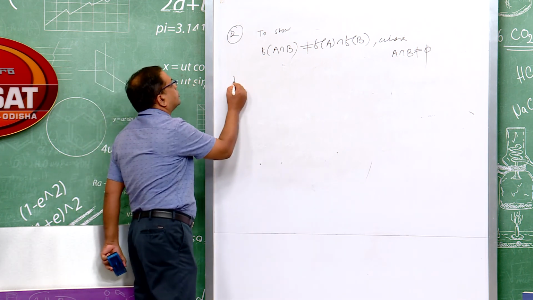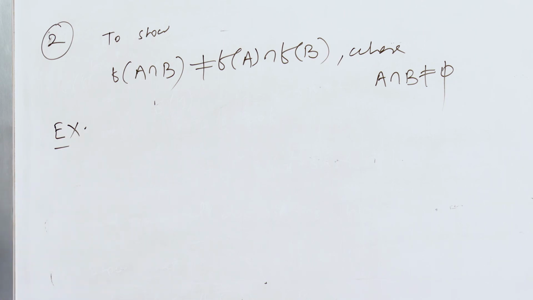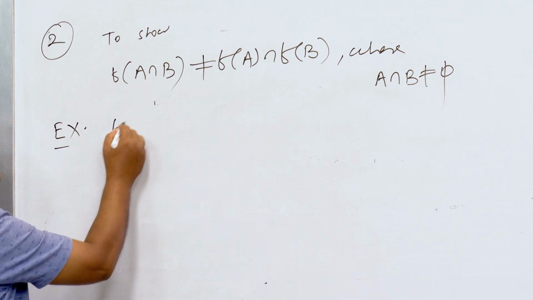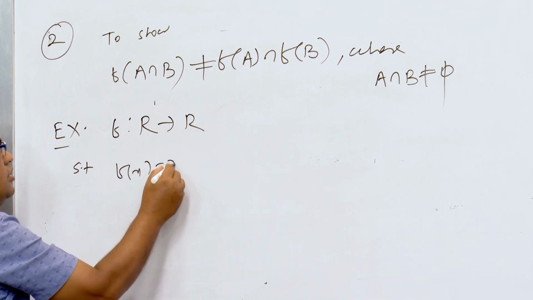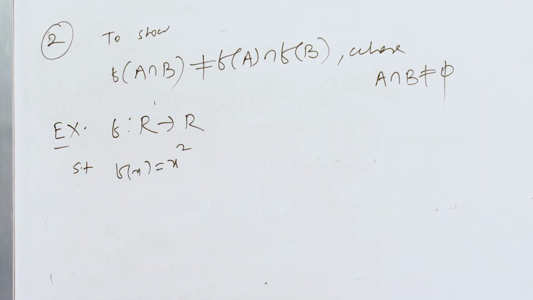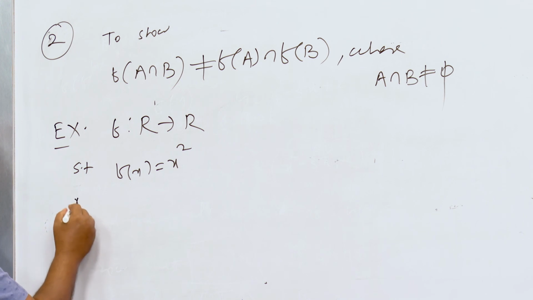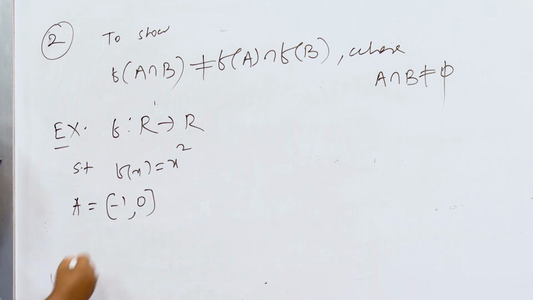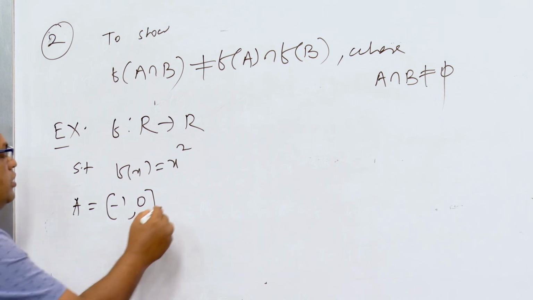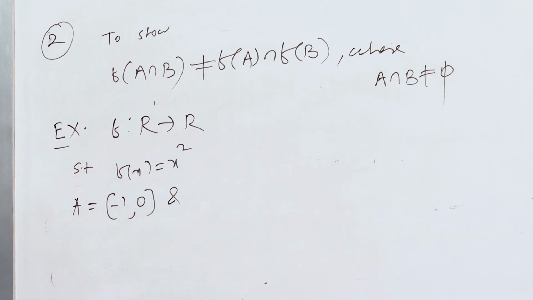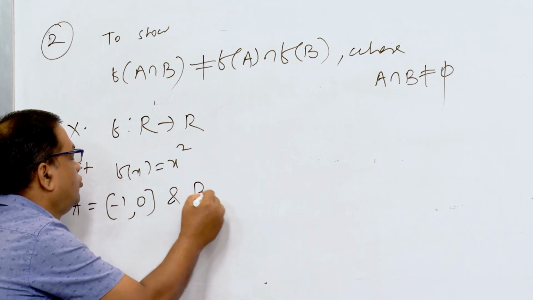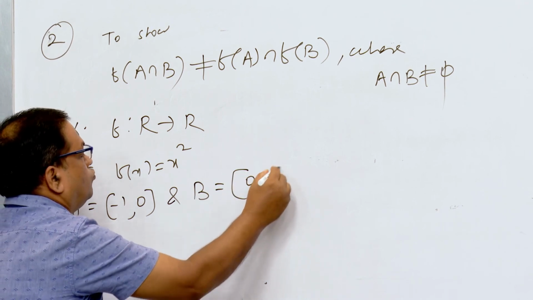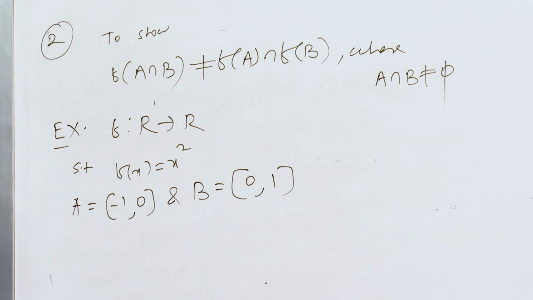Let us take an example: f from R to R such that f(x) is equal to x square, and let A be the closed interval minus 1 to 0 and B be the closed interval 0 to 1. Then what is A intersection B?